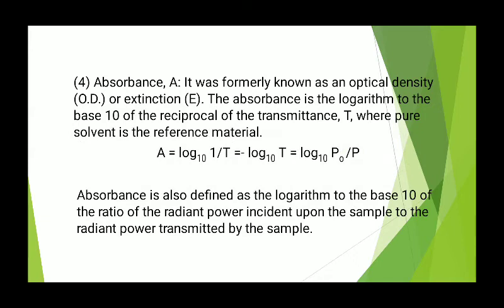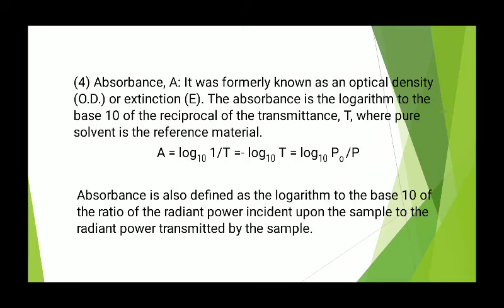Now, absorbance. Absorbance is denoted by the letter A. It was formerly known as optical density, OD, or extinction. Absorbance is the logarithm to the base 10 of the reciprocal of transmittance, where pure solvent is the reference material.